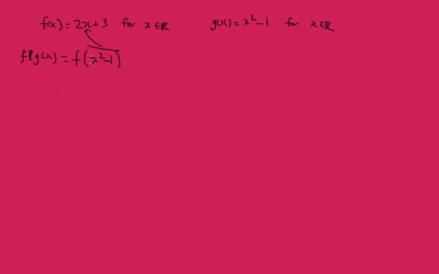Just in the same way, say if it was f of 2, where we see the x, we'd put a 2. So here we'd have 2(x squared minus 1) plus 3, and we're going to expand the bracket, so it's going to be 2x squared minus 2 plus 3, 2x squared plus 1, sorry.